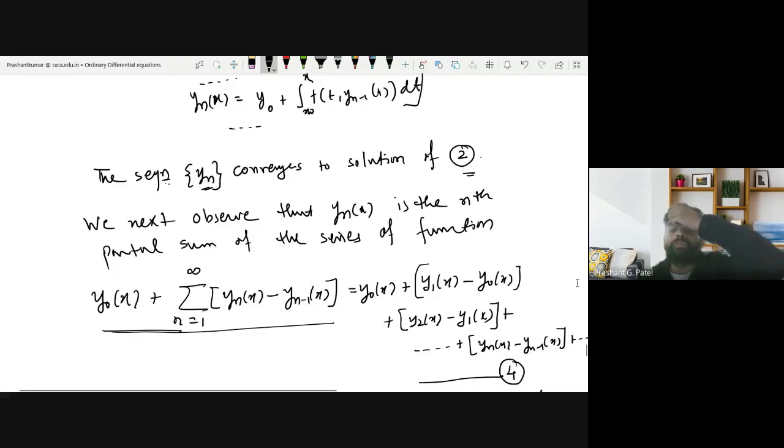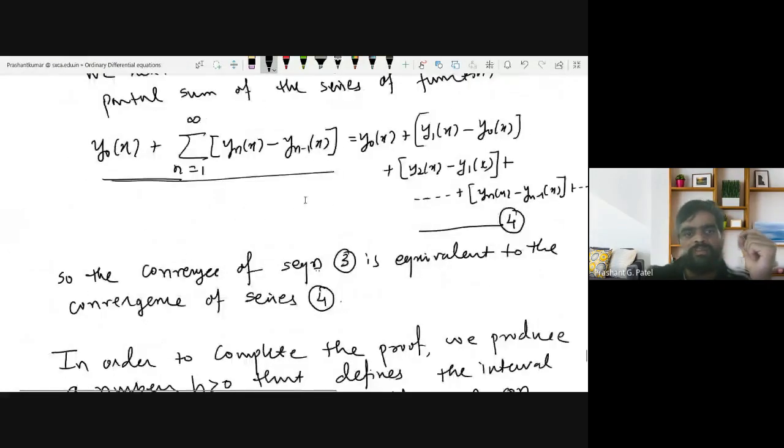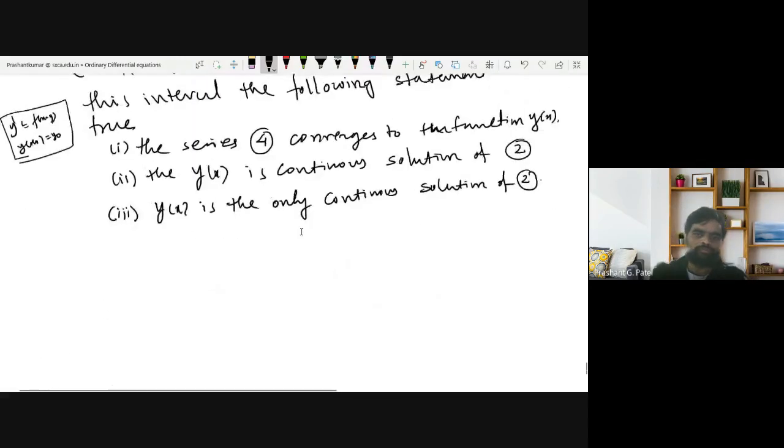So ultimately, our objective in proving this theorem is these 3 statements. The first one, that this series is convergent and converges to y of x. That y of x function is continuous, and it is the only continuous function which satisfies equation 2. Okay.